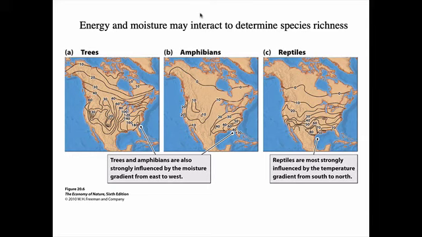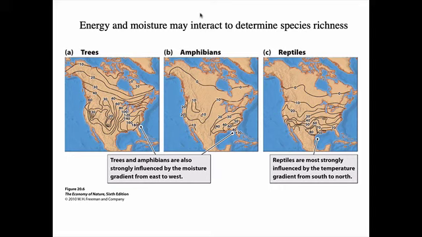Reptiles are more affected by energy availability, that is heating, than by moisture availability because they are less reliant on water. They have adaptations to tolerate living on dry land and living in dry conditions. They're scaly, right? So the big gradient in reptiles is not related to water so much as it is radiation.